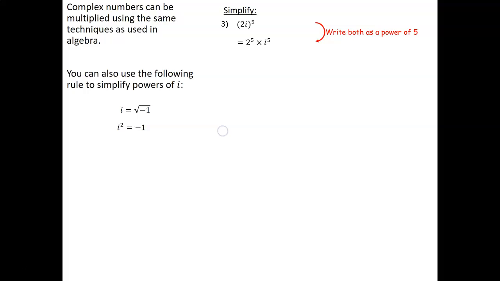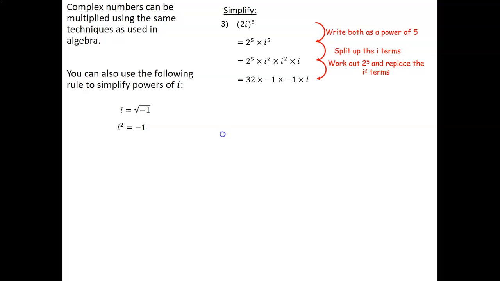So that's 2 to the power of 5 times i to the power of 5. i to the power of 5, I can rewrite as i squared times i squared times i. I can evaluate the 2 to the power of 5 and the i squareds, and then simplify.